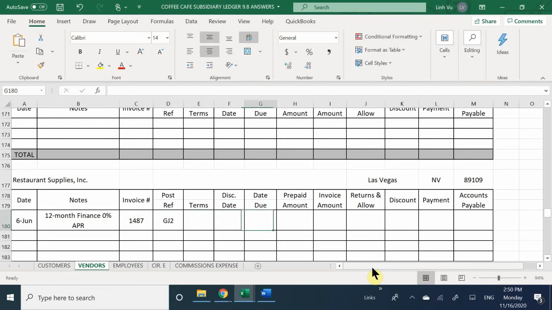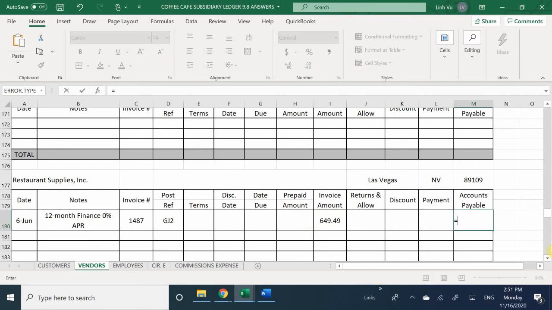There's no discount because you went to the store and bought it. All right, and the invoice amount was $649.49. And you did not make a payment to it. So this is where you go ahead and apply the formula. The formula is going to equal your invoice amount, and you didn't have any prepaids, returns, or discounts, nor did you pay for this item.